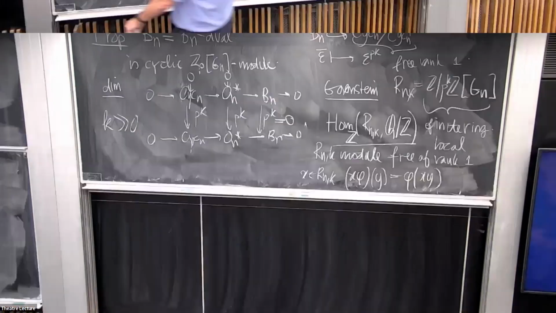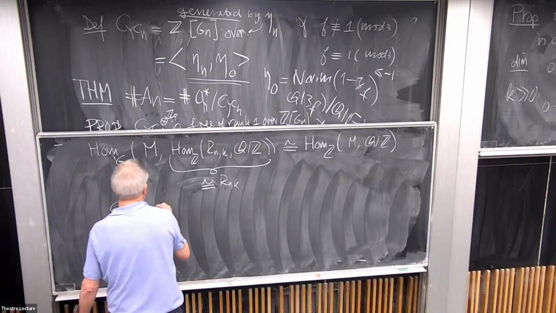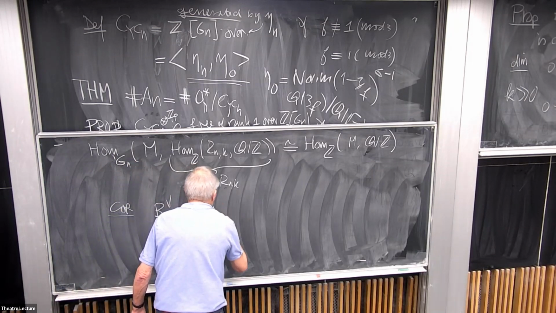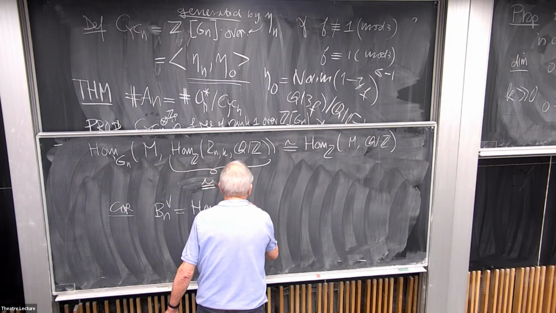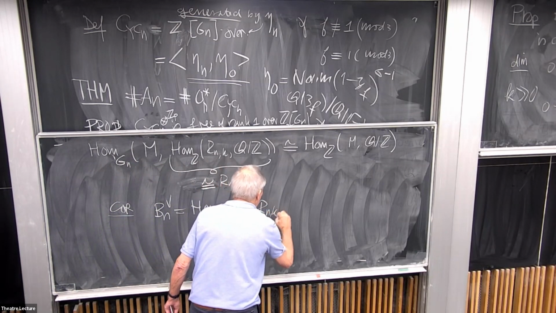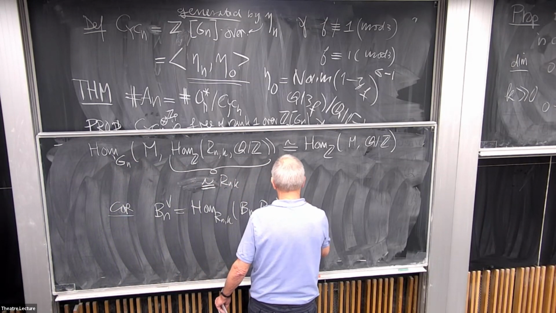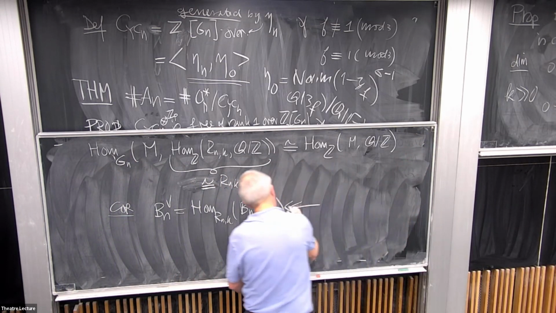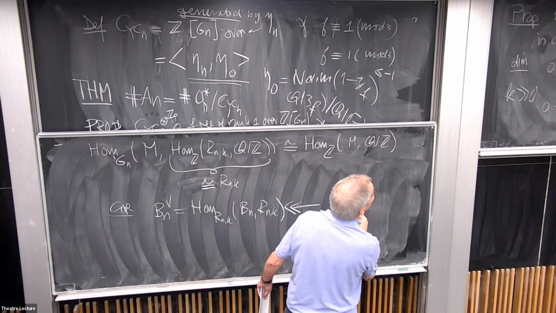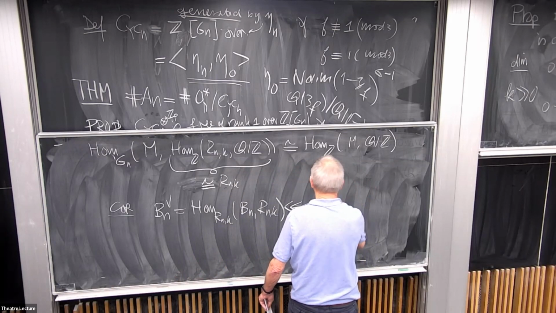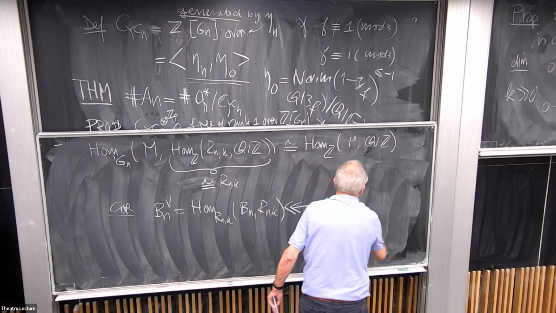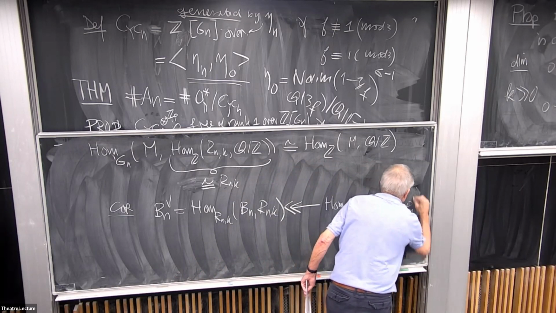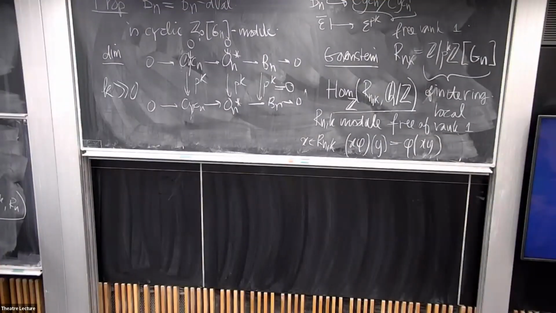So, corollary: I take the Bn dual, which is also the Hom over R and K of Bn with values in R and K, and this admits a surjection, covariant, from the homomorphisms of Rn, cyclotomic units modulo cyclotomic units to the p^k Rn, and this is free of rank 1.